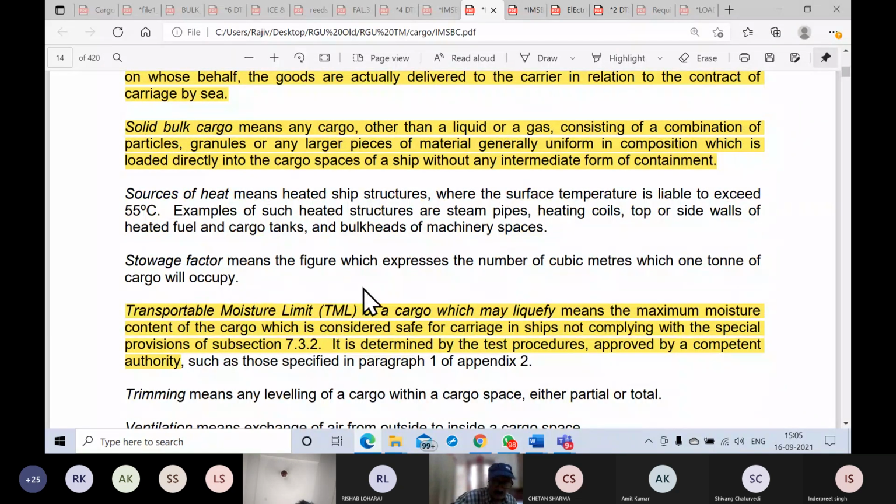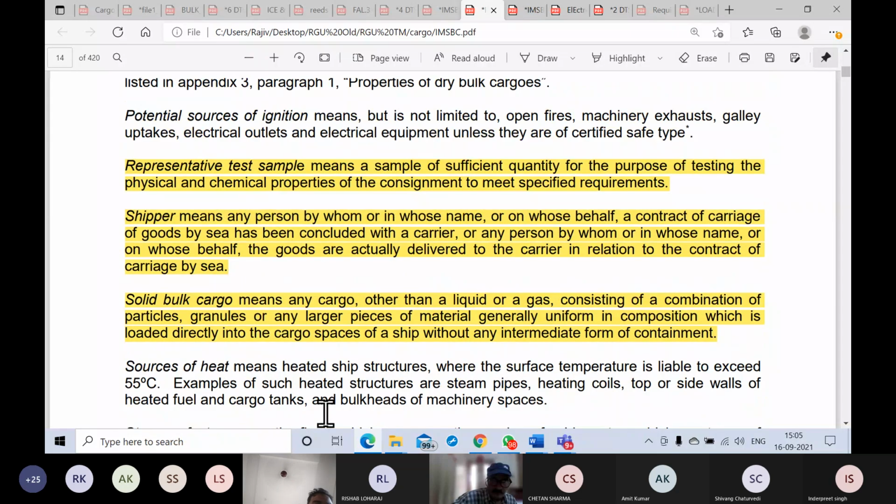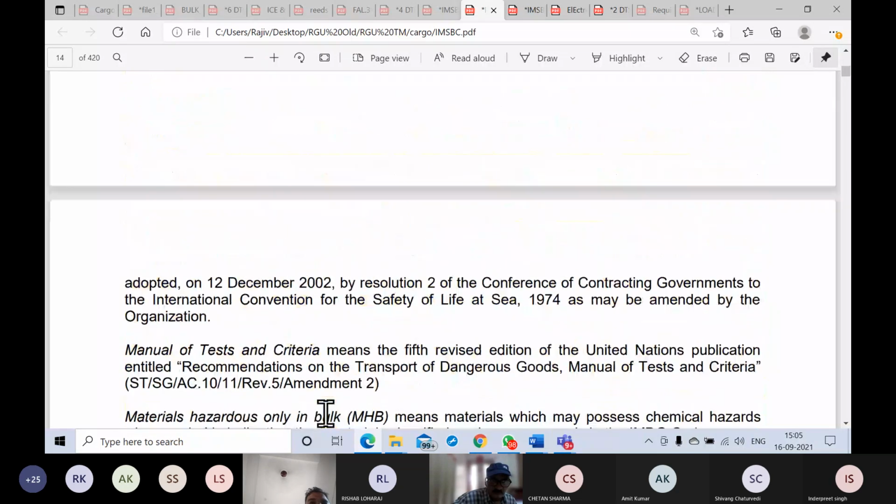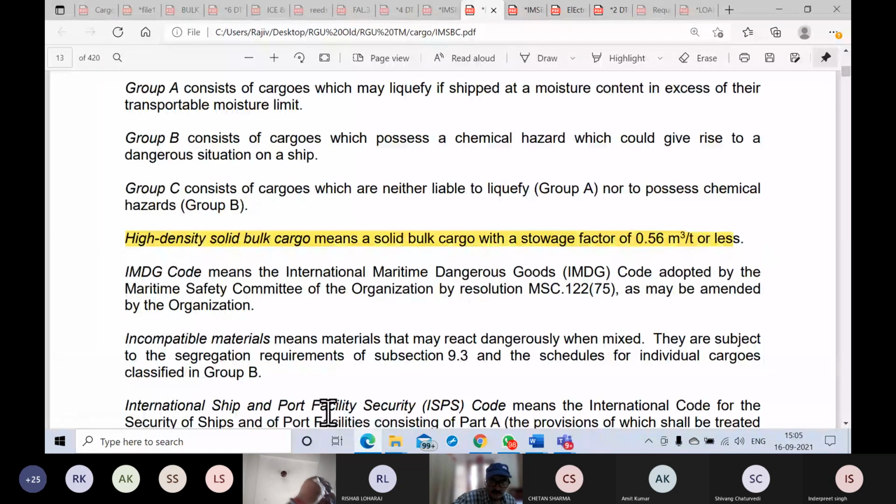Storage factor, you are aware of this, but no harm in just having a repeat. Number of cubic meters which 1 ton of the cargo will occupy is called the storage factor. Let's go back 1 minute to that definition of high density cargo, which gives in terms of storage factor 0.56 meter cube per ton.